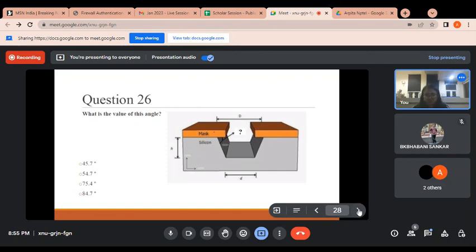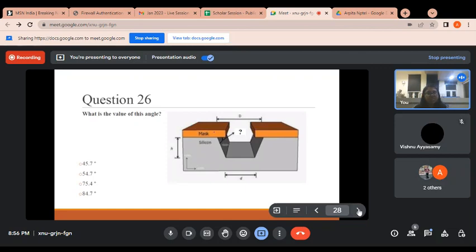Here, Vishnu, can you tell what is happening? What type of etching process is it? Wet etching, ma'am. Okay. Anisotropic or isotropic? In isotropic etching, it etches in all directions, and in anisotropic etching it etches in one particular direction.